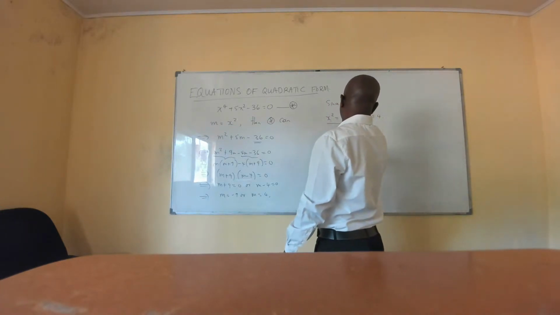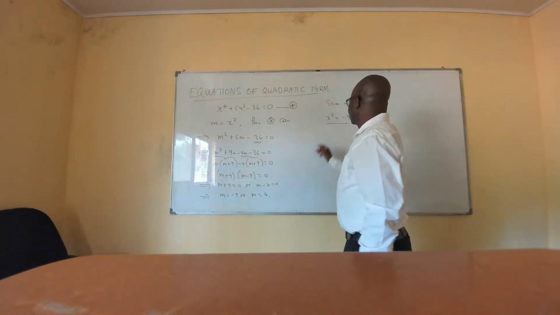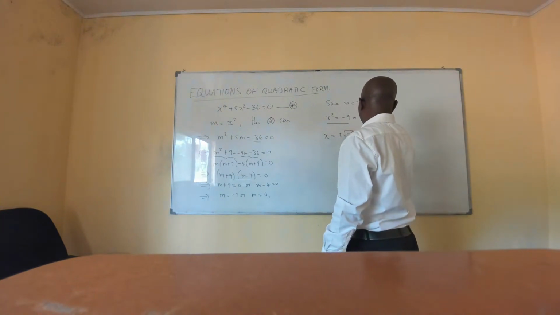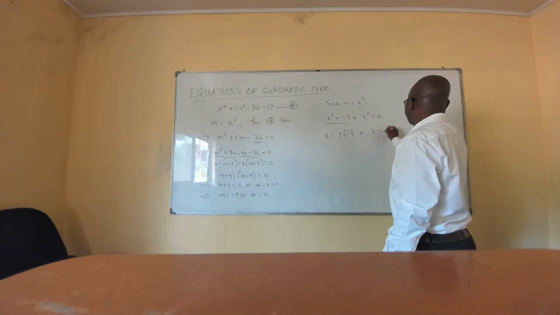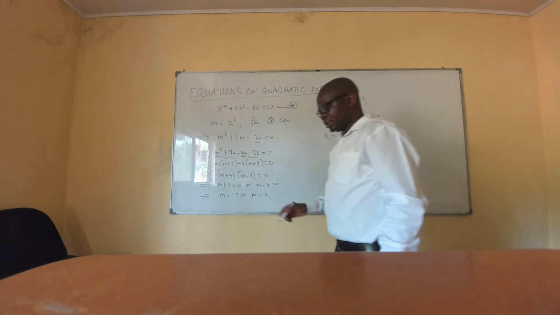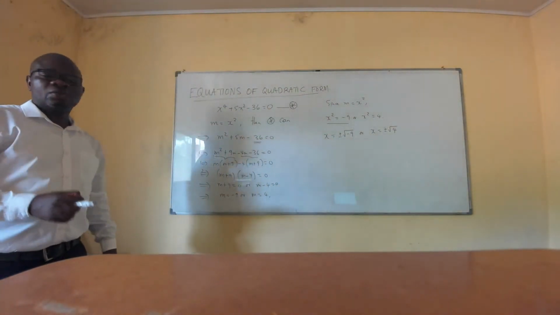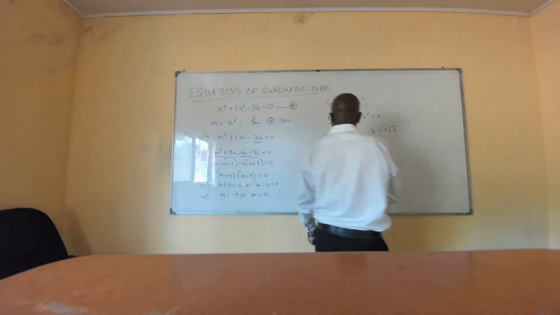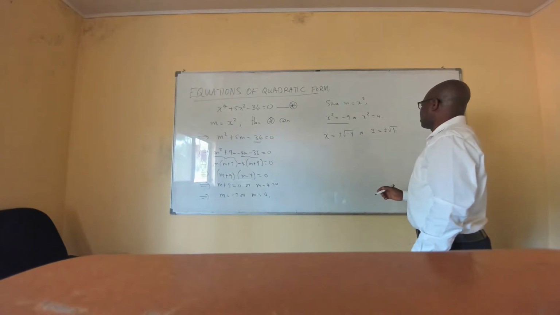The first case means x is equal to plus or minus square root of minus 9, and the second case gives us plus or minus square root of 4. But the square root of negative 9 is not a real number. We are only interested in real solutions.